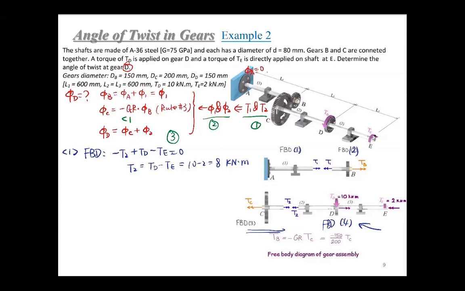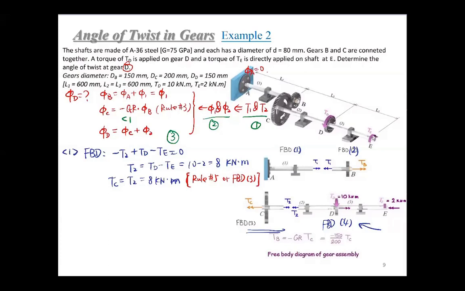This is TC equals T2 equals 8 kilonewton meter, either from rule number 5 or free body diagram 3.